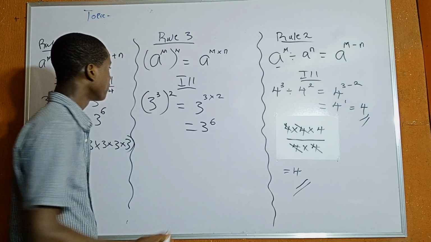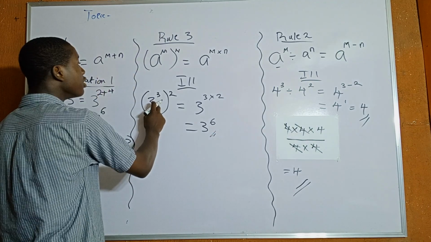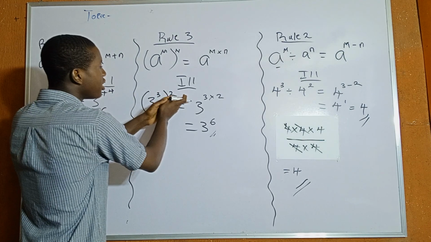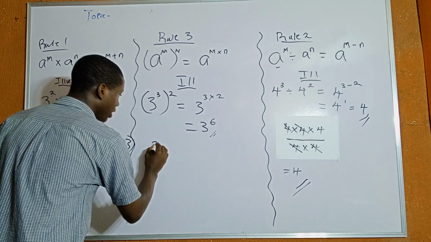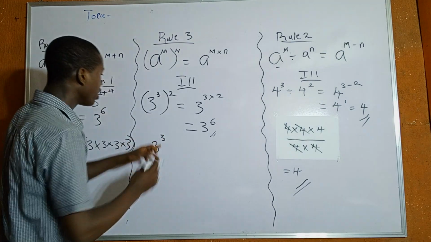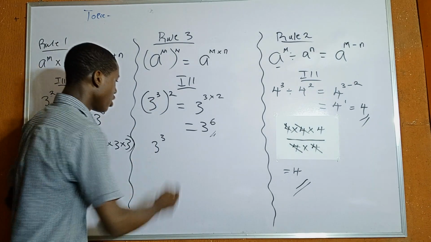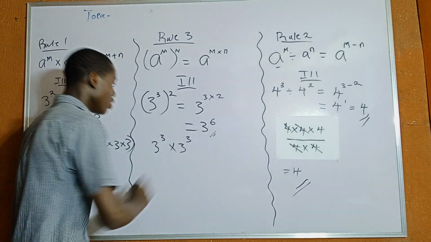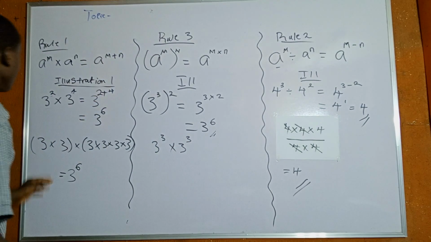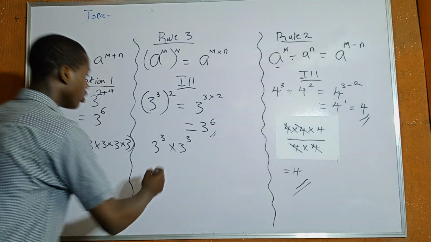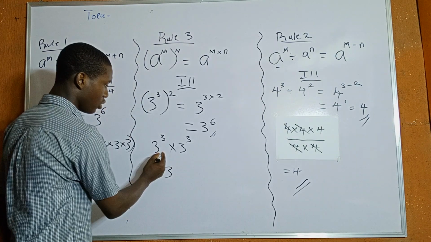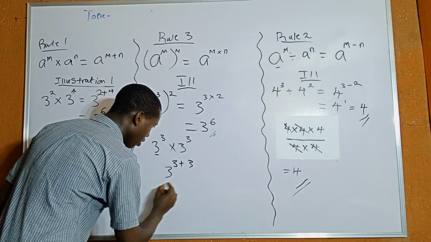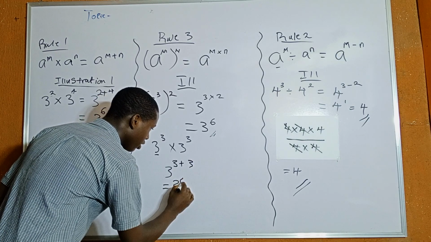But obviously, we can also see that 3 raised to the power 3 in brackets, which is now squared, will be 3 raised to the power 3 duplicated 2 times, which will be 3 raised to the power 3 multiplied by 3 raised to the power 3, which then, according to the first rule, which says when it is multiplied, take one base, and 3 plus what? 3, which will give us 3 plus 3, which should be equal to what? 3 raised to the power 6.